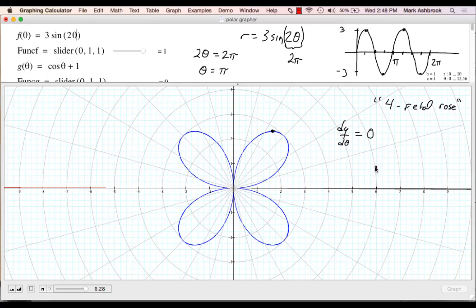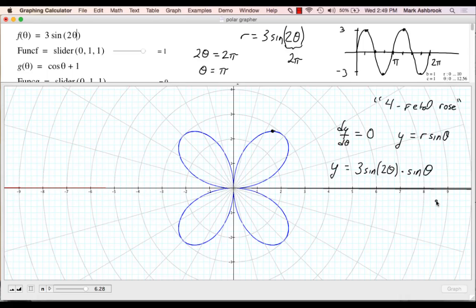How is y a function of theta? y equals r sine theta. What is r? For this curve, r is 3 sine 2 theta. So y is going to be 3 sine 2 theta times sine theta, r sine theta. That's the y coordinate on this curve.